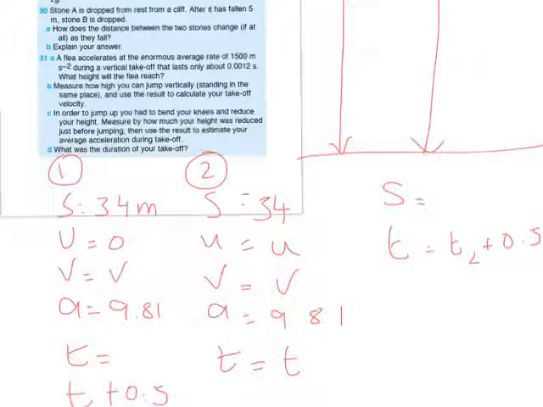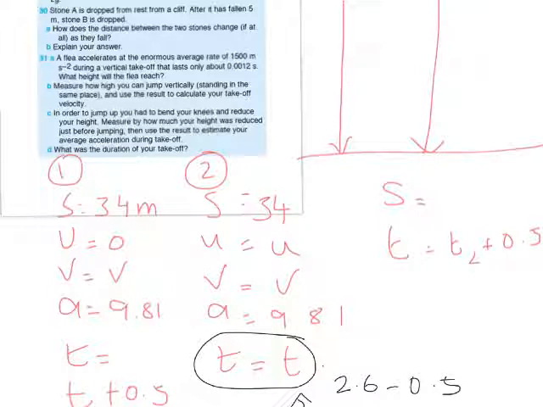So from there, you now know what t is, because t is 2.6 minus 0.5, right? Because this one is 0.5 seconds less. So the value of this t is 2.1.